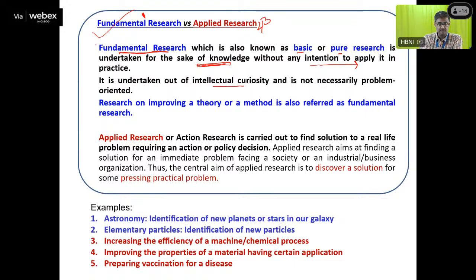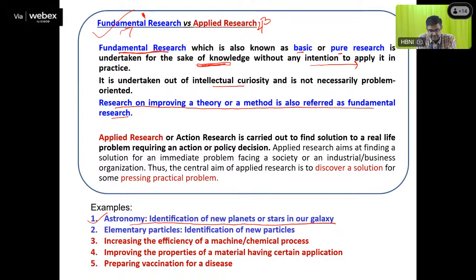So this I have given in blue, fundamental research. Research on improving a theory or a method is also referred to as fundamental research. Examples of fundamental research, in blue: astronomy, identification of new planets or stars in our galaxy. Here we increase our knowledge. Right now we have such huge knowledge regarding the astronomical sciences, and it's pure basic research.